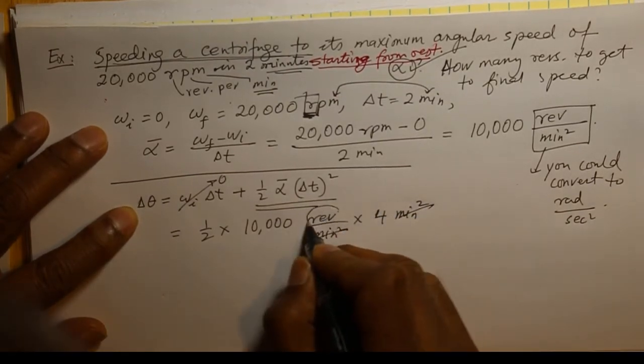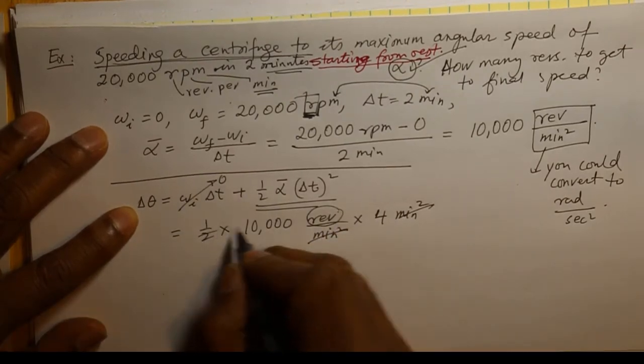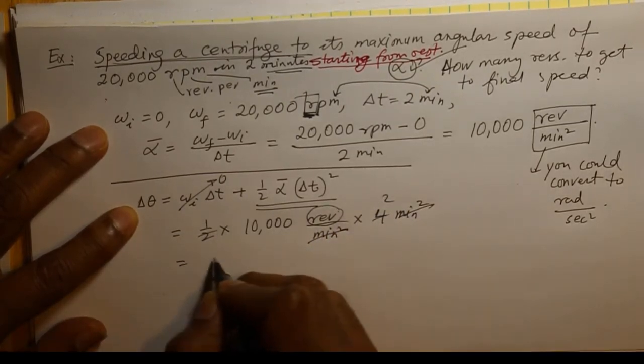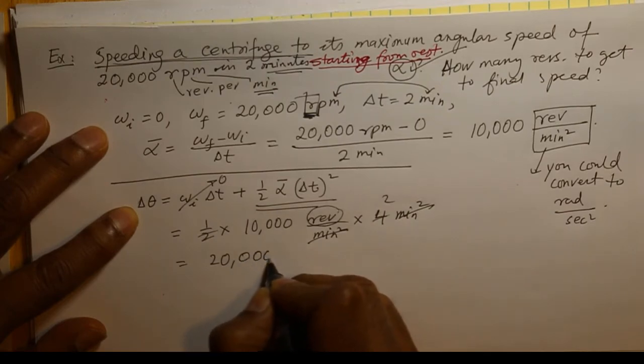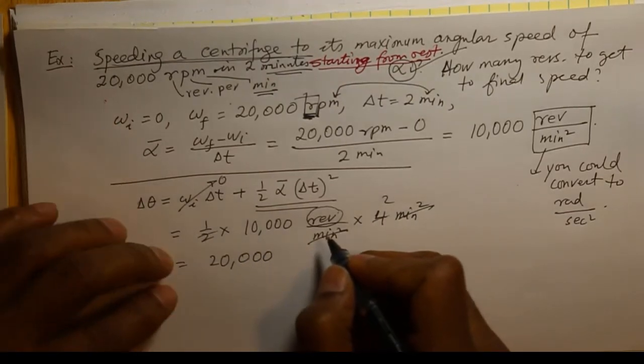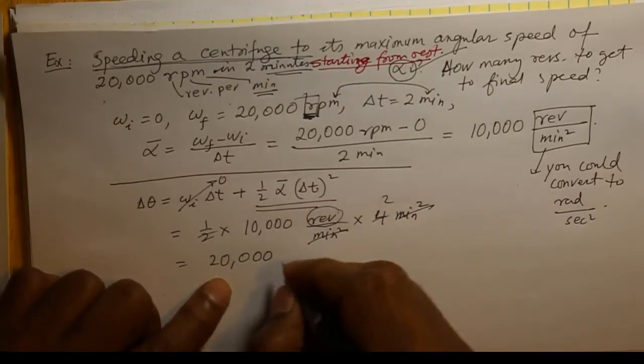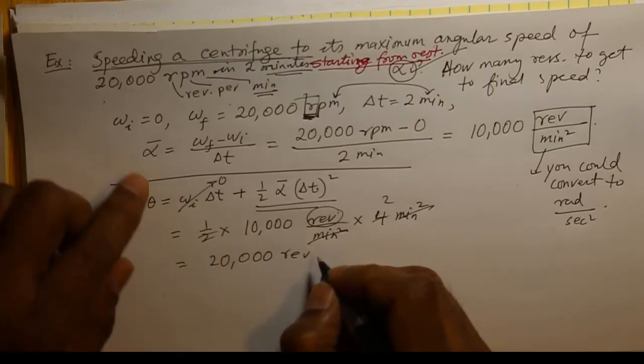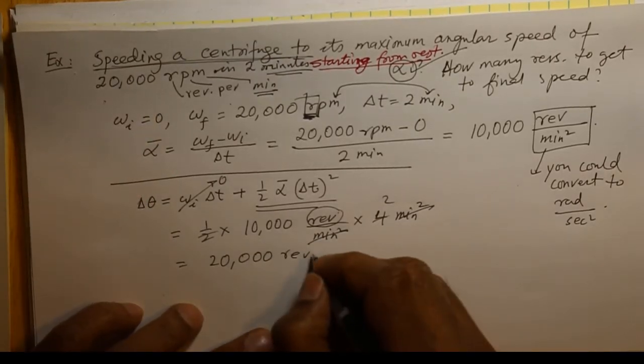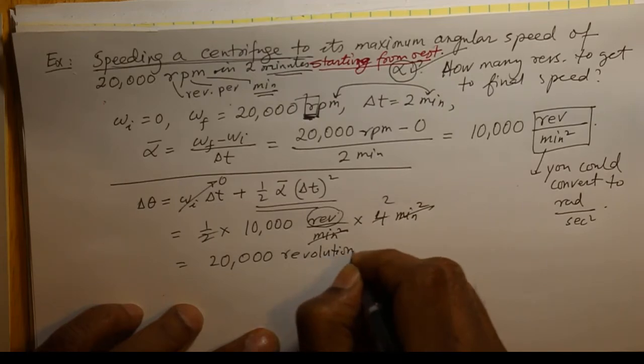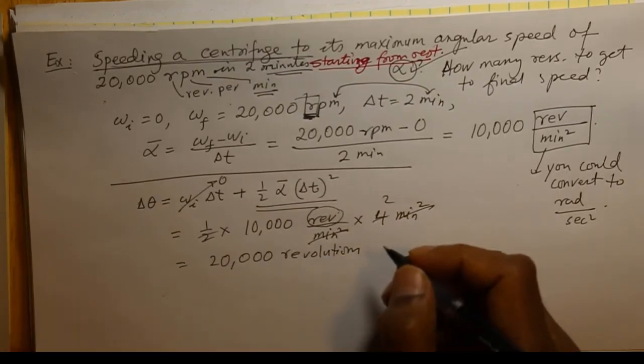You can see the unit emerging right away. So this is 2 with 2, so this is 20,000. This is an interesting set of numbers. It actually takes 20,000 revolutions to get to 20,000 revolutions per minute. That's interesting, it just worked out numerically like this.